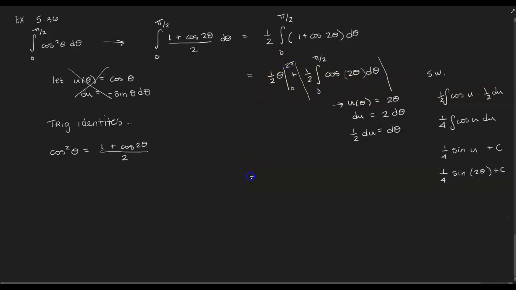So let's bring down what we have. From that first term, integrating 1, we got 1/2 theta because there was a 1/2 multiple out front. From the second term, the 1/2 times cosine 2 theta, we found the antiderivative, 1/4 sine 2 theta plus c. We don't need to write the plus c though, because we know we're evaluating between theta equals 0 and theta equals pi over 2.